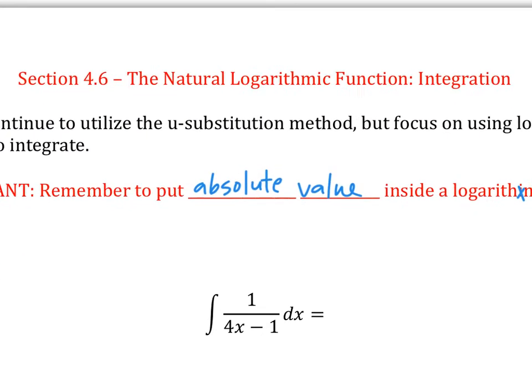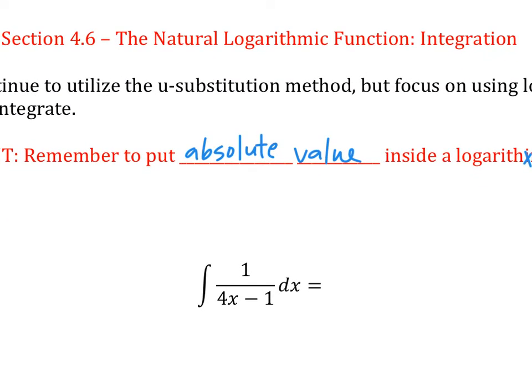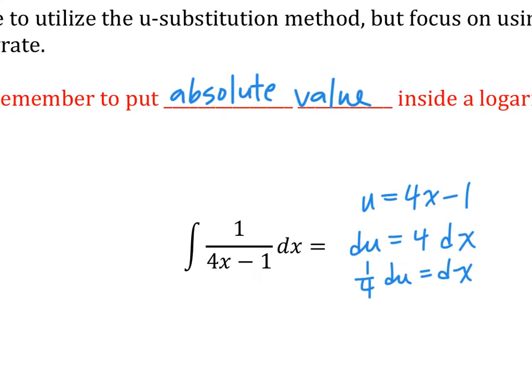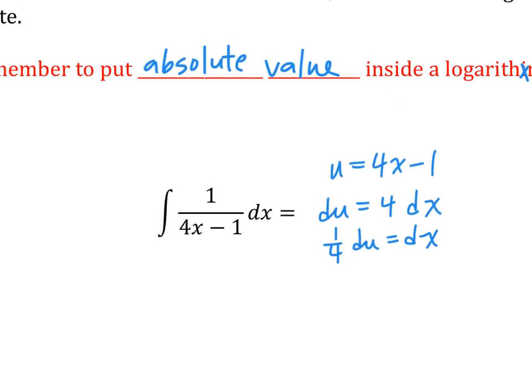All right, so let's go ahead and look at this question. Again, we're going to try to do it with u sub. What is the u part? 4x minus 1. What is du? 4 dx. Okay, so then 1/4 du is dx. So then we're going to change this question to 1/4 integral 1 over u du.